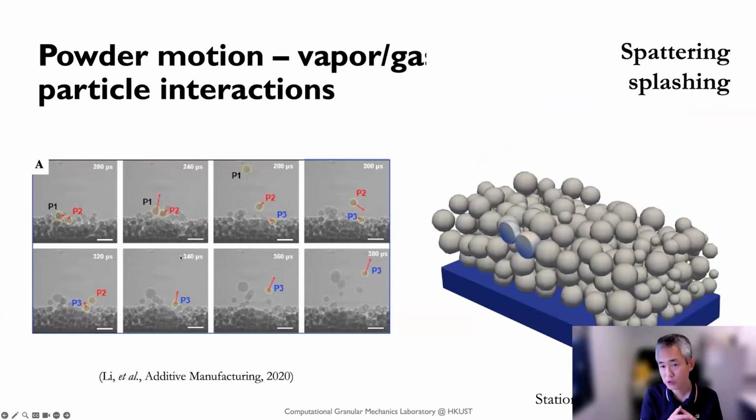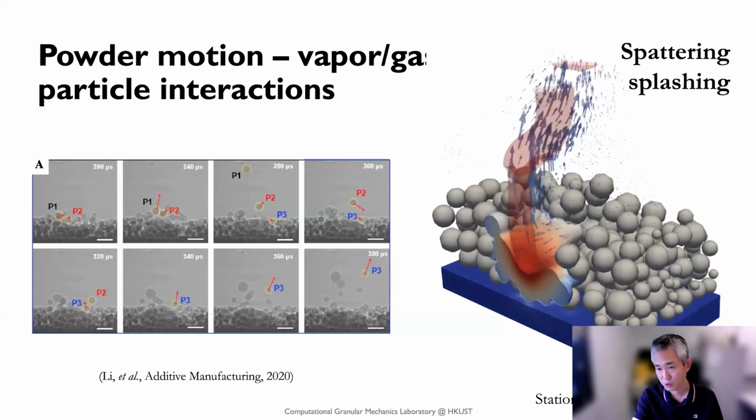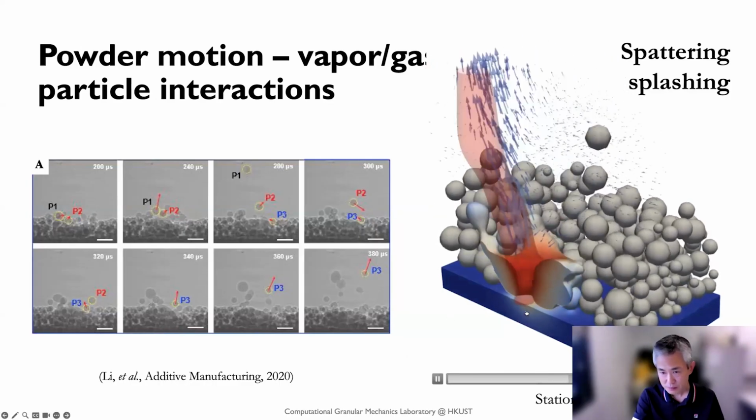And this can be an important factor that affects the printing quality. For example, if some particles spatter into the metal pool, this will make the metal pool not homogeneous, and then the printing quality can be affected. That is the process that we can capture.